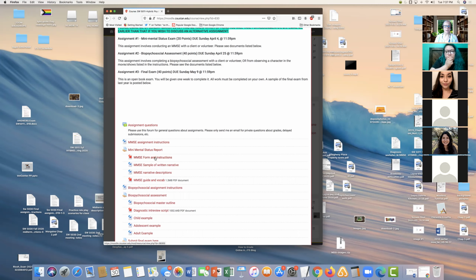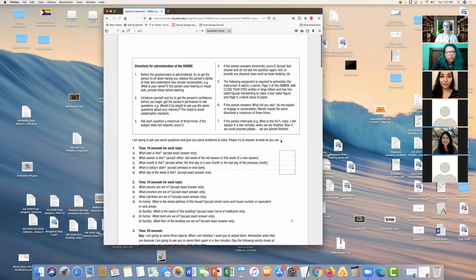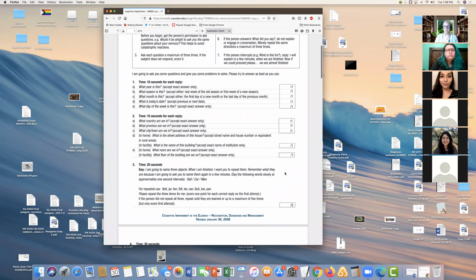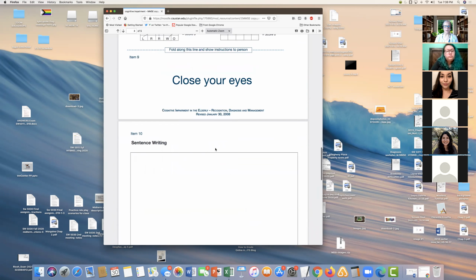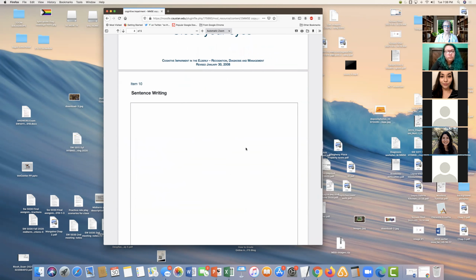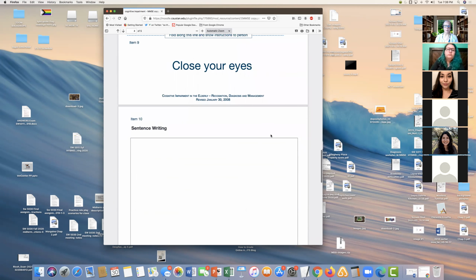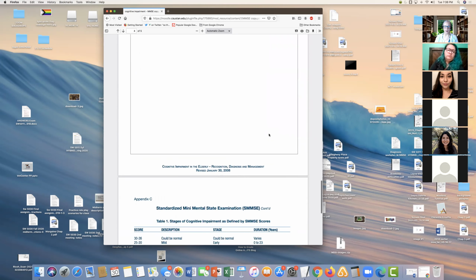First is the form and instruction side. I'd like to see the actual form, so it would be this form here with your written in scores, including the person's drawing and their sentence. You will score them on the activity about closing their eyes and then folding the paper in half.